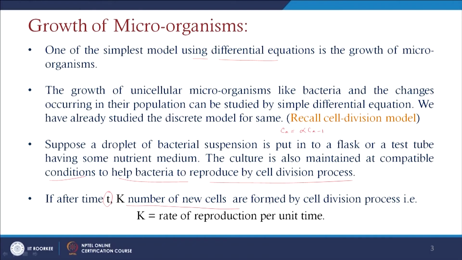For a particular time t, suppose k is the number of new cells formed by the cell division process. That is, we write the rate of reproduction per unit time as k. Rate of reproduction means how cell division is occurring with respect to time, and how the population growth rate is activated, which depends on the parameter k.